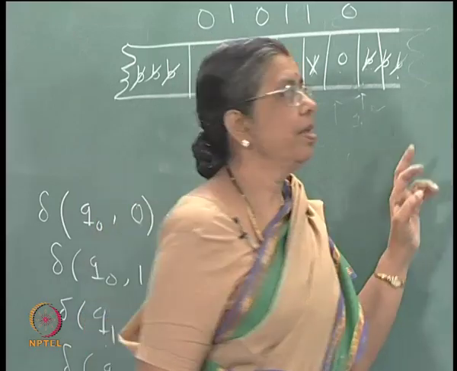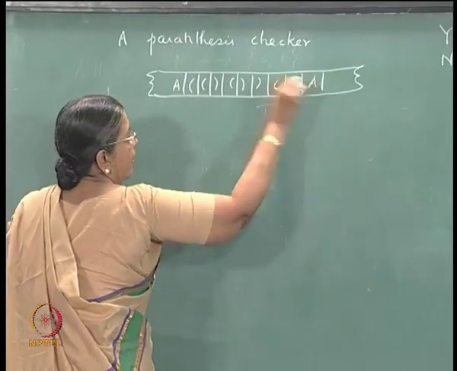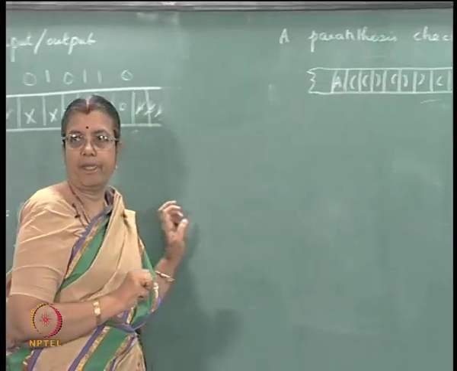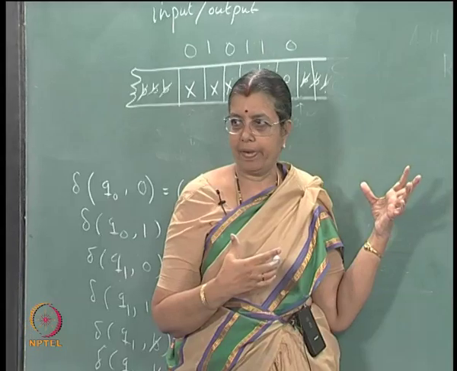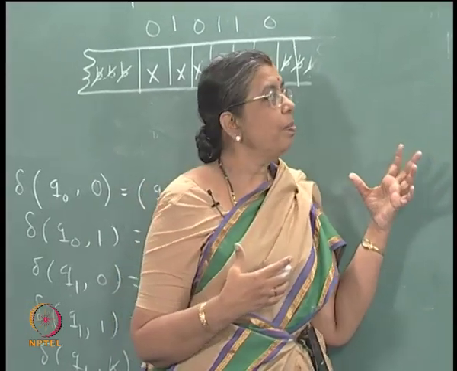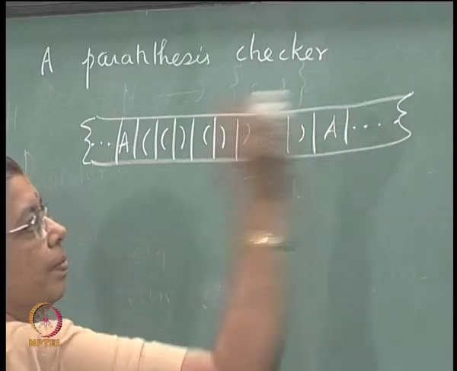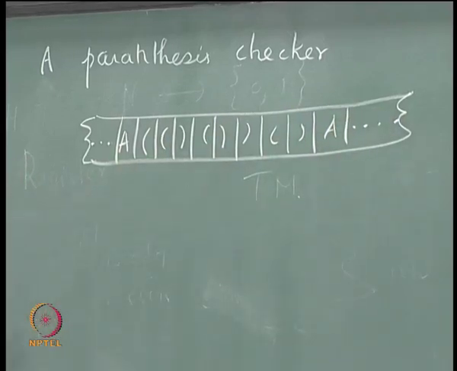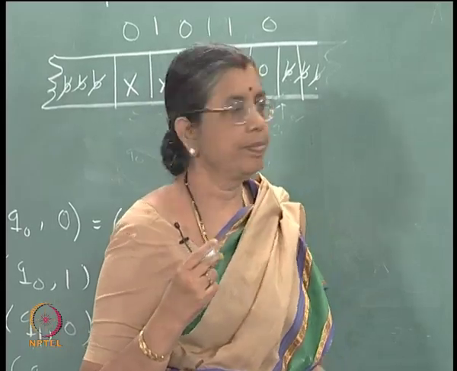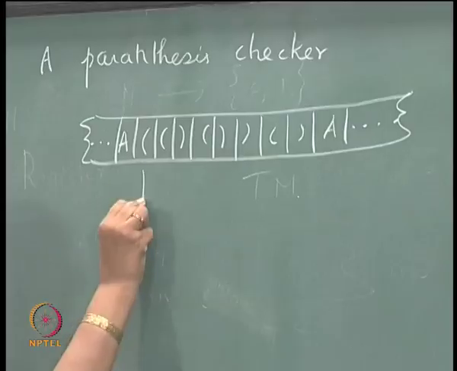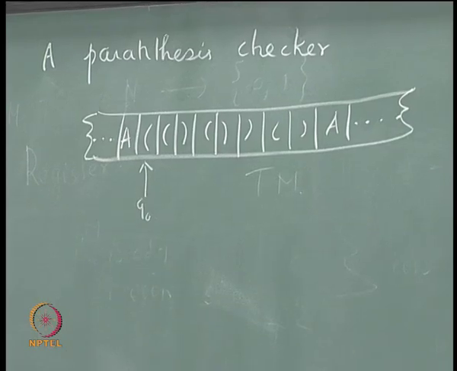It is well formed. So, I also want to have some end marker, for convenience, this A and A are end markers. Between the end markers, and these are all blanks, the string is given and I have to test whether it is a well formed string or not. Again the machine starts in state q0 reading this symbol.